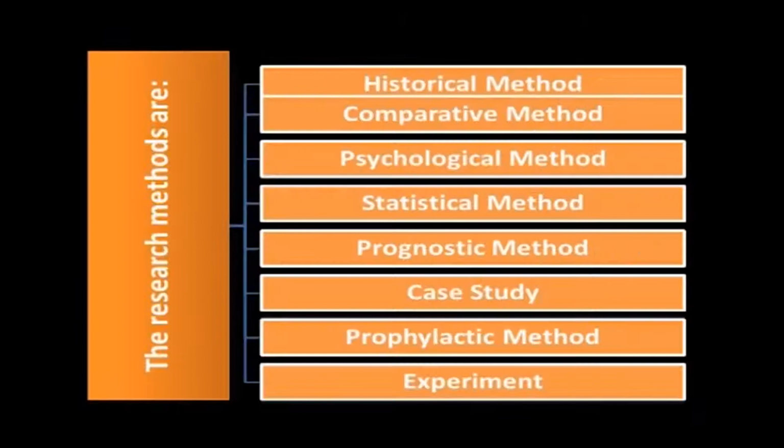The research methods of criminology are historical method, comparative method, psychological method, statistical method, prognostic method, case study, prophylactic method, experiment.